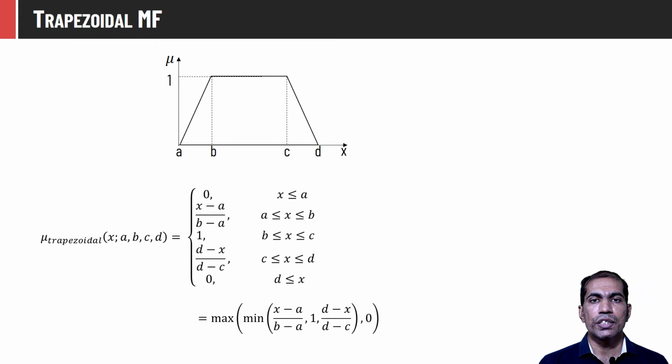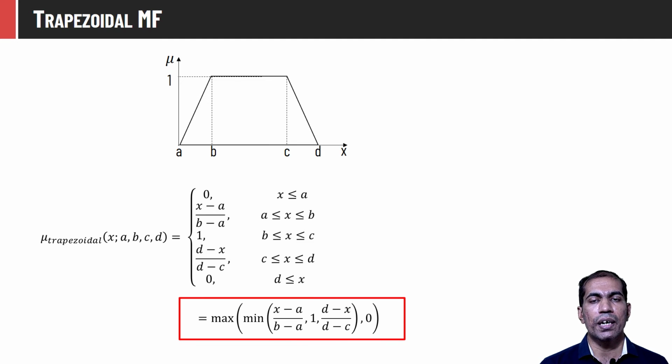If the number is between a and b, then we can apply the same rule as we used in the case of the triangular membership function, and the membership value could be given by (x minus a) upon (b minus a). And if the number is in between c and d, then in similar fashion we can compute the membership value using the equation (d minus x) upon (d minus c). And in simplified form, we can represent it using this formula.